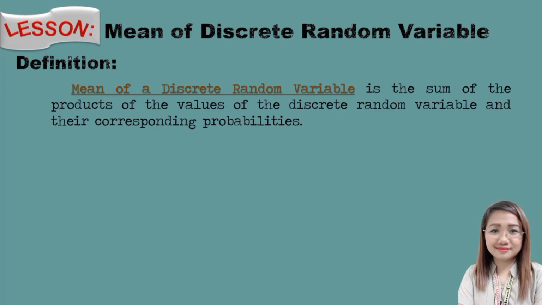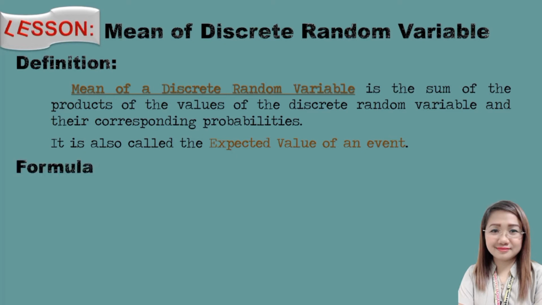Unlike the sample mean of a group of observations, which gives each observation an equal weight, the mean of the random variable weights each outcome according to its probability. Mean of discrete random variable is also called an expected value of an event.